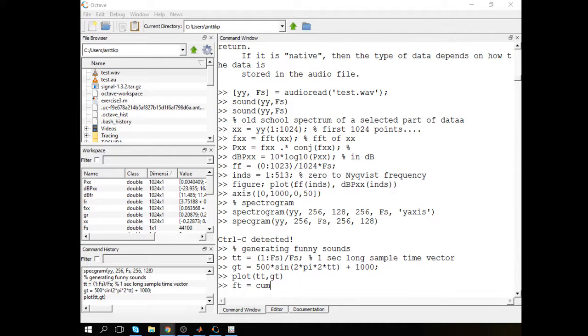Where do I find it? Function list alphabetical. C. Cumsum: cumulative sum of elements.